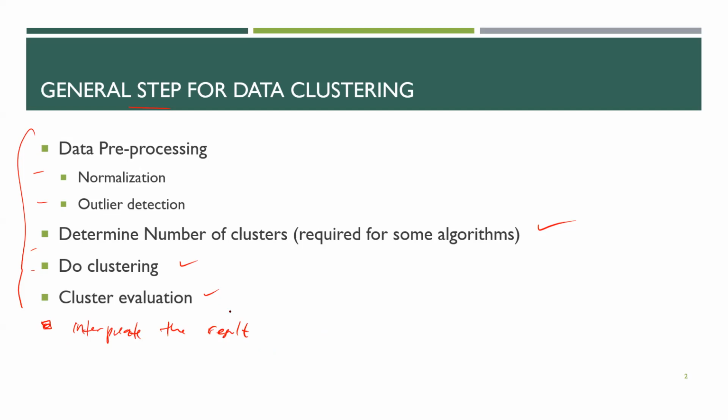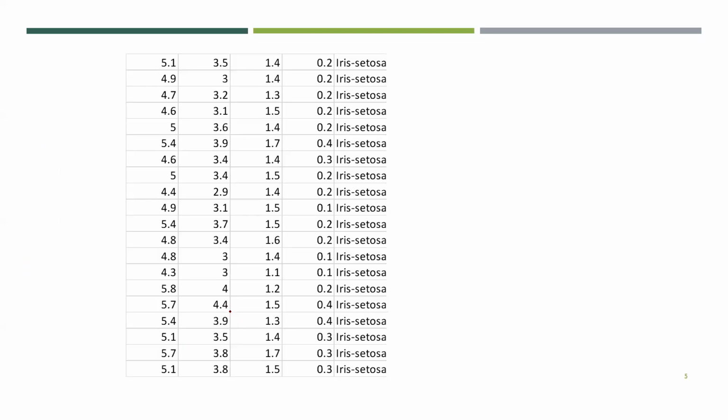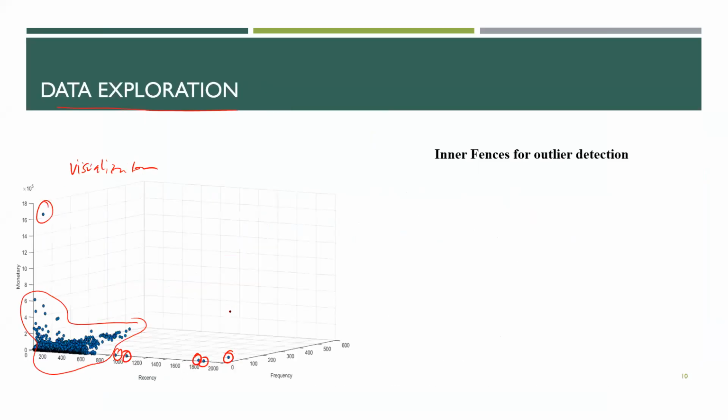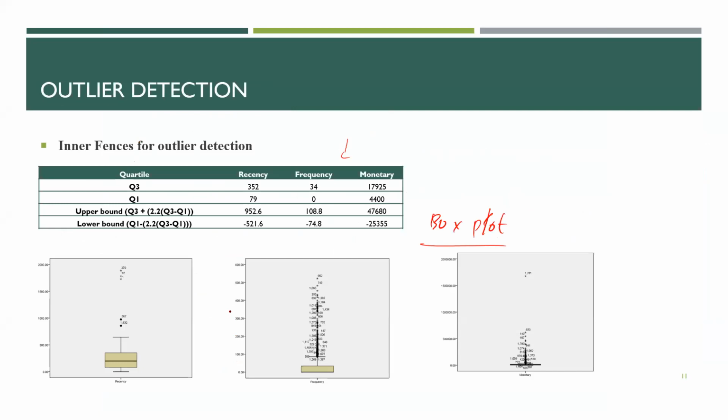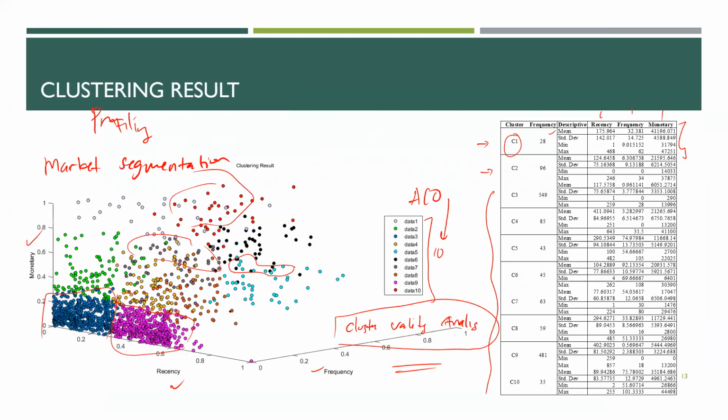So the clustering will be the one you discuss after this graph. This one is data preprocessing, and then this is the do clustering. So we do clustering.